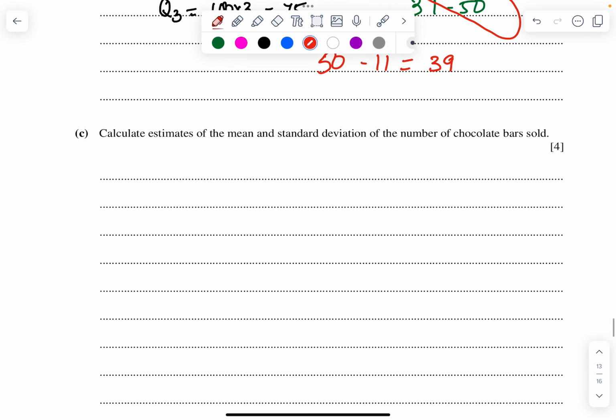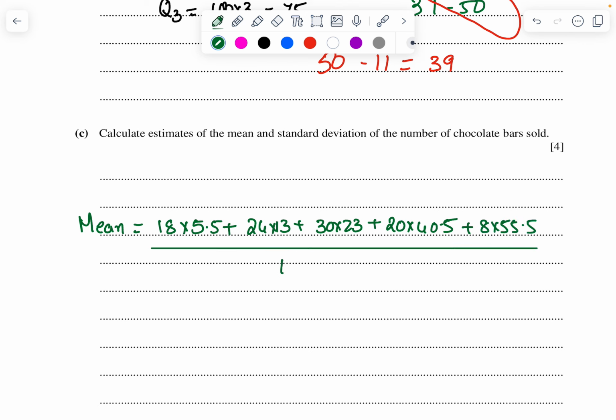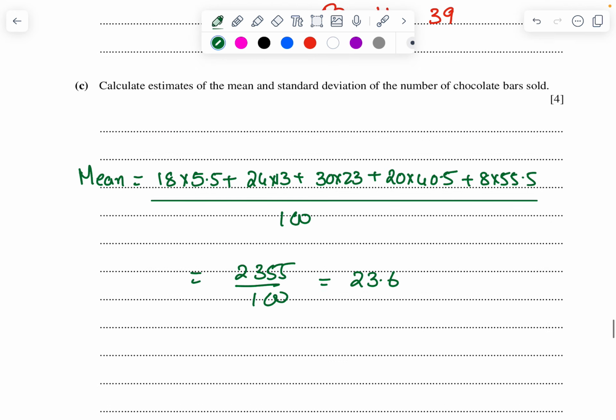Estimate the mean and standard deviation of the chocolate bars sold. For the mean, it's going to be 18 times 5.5 plus 24 times 13 plus 30 times 23 plus 20 times 40.5 plus 8 times 55.5 divided by 100, which is 2355 divided by 100, which is 23.6.